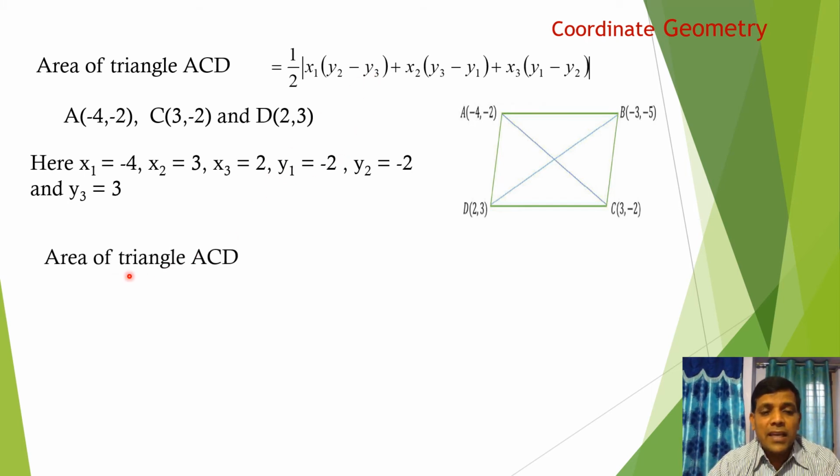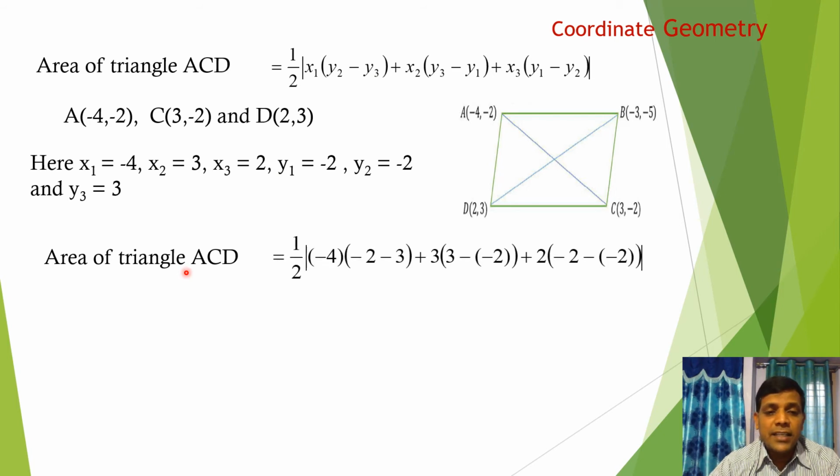So area of triangle ACD is equal to half mod x1 into, x1 means minus 4, into y2 minus y3. y2 means minus 2 and y3 means 3. Minus 2 minus 3, plus x2, x2 means 3, into y3 minus y1.